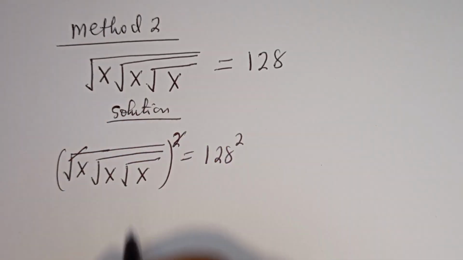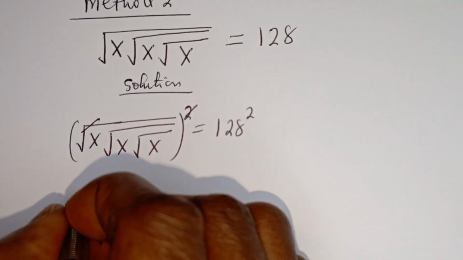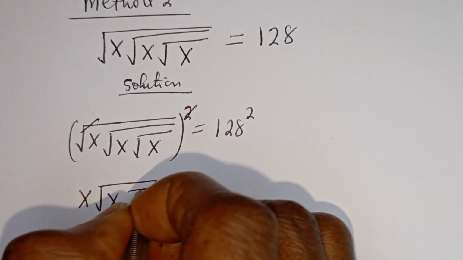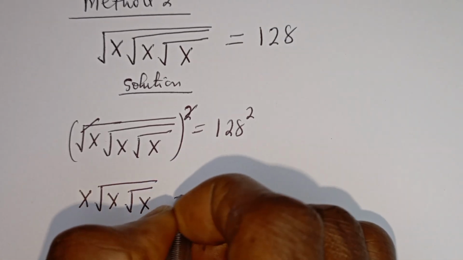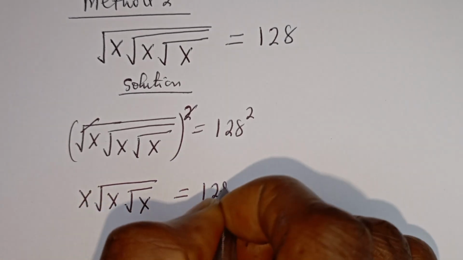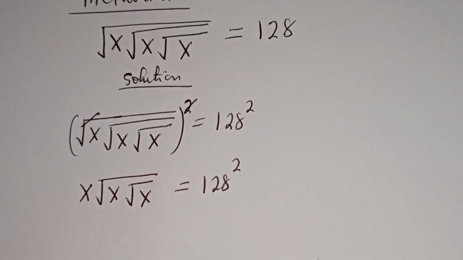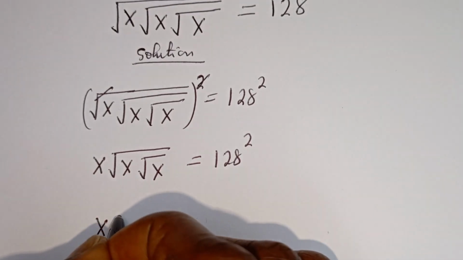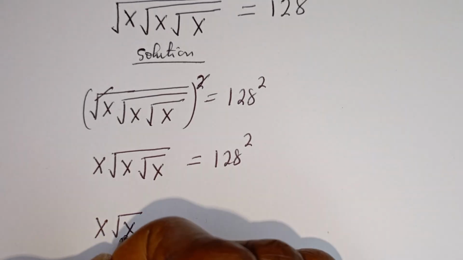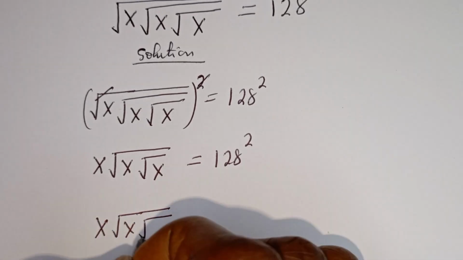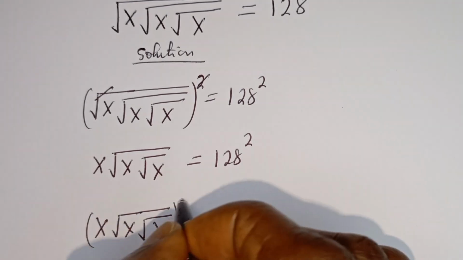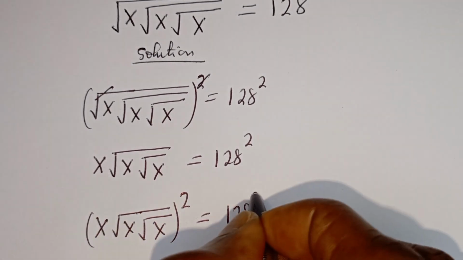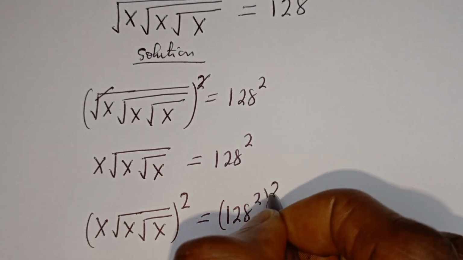This will cancel this. Then this is s times square root of s times square root of s is equal to 128 squared. Now let's square both sides of this equation again: s times square root of s times square root of s, all squared is equal to 128 squared, all squared.